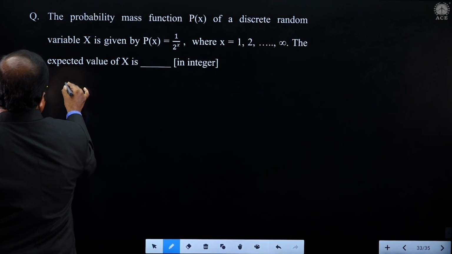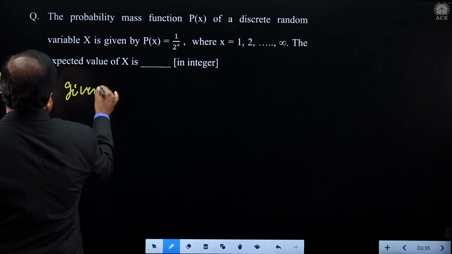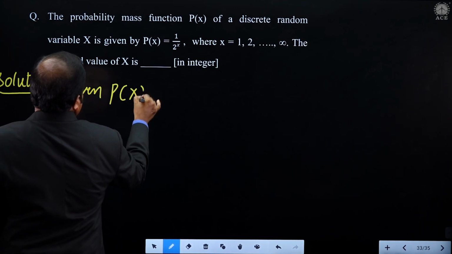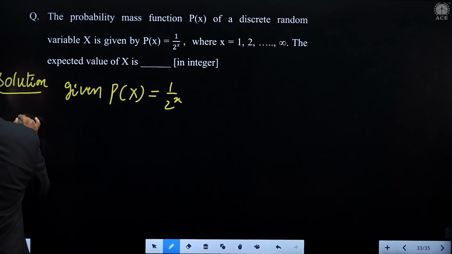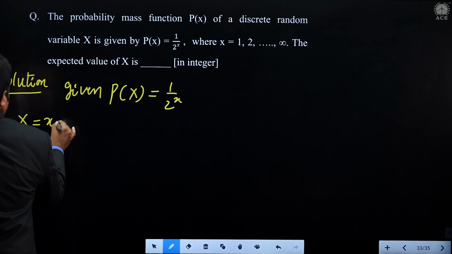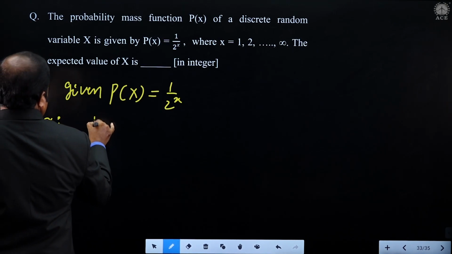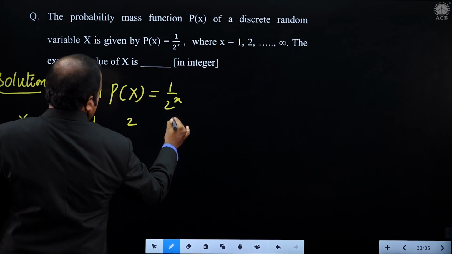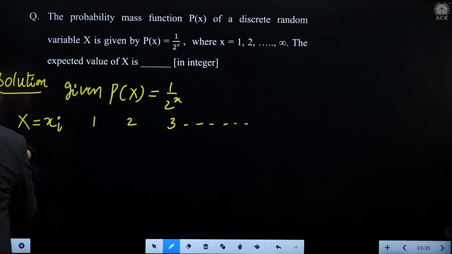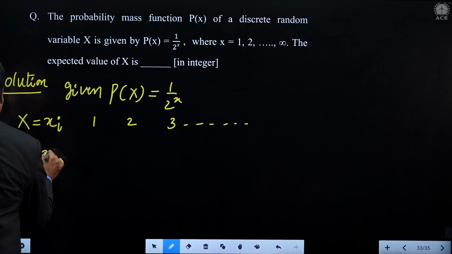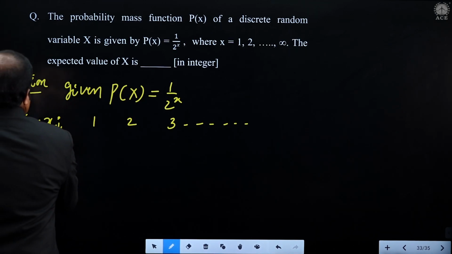So given that, probability of X equal to 1 by 2 raised to x. So x takes what values? 1, 2, 3, etc. And what are the corresponding probabilities?